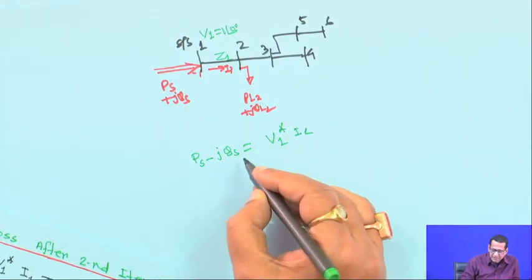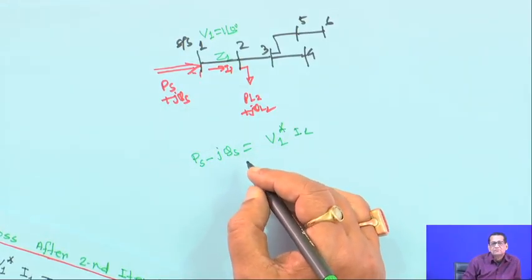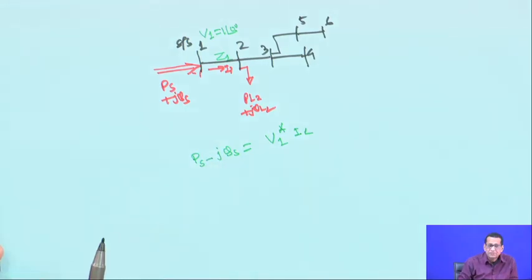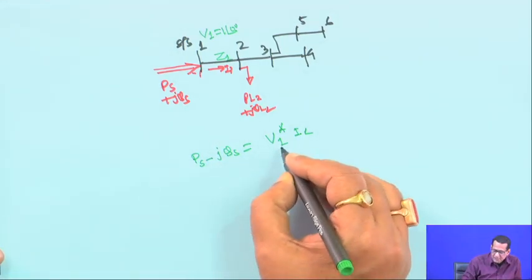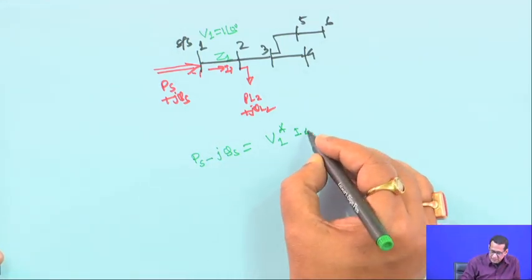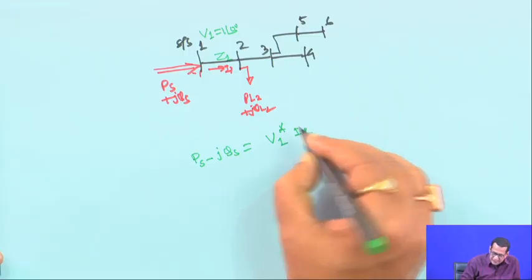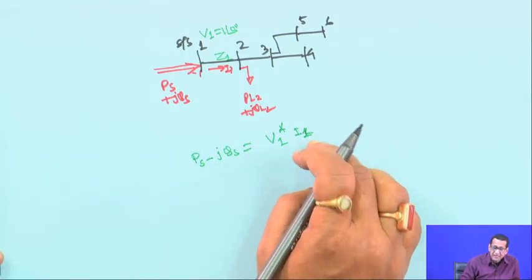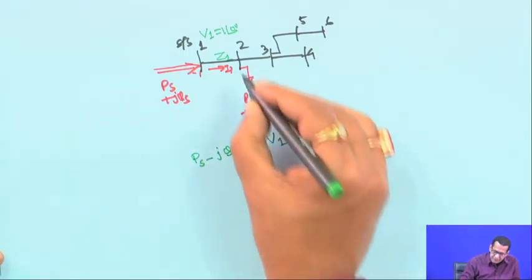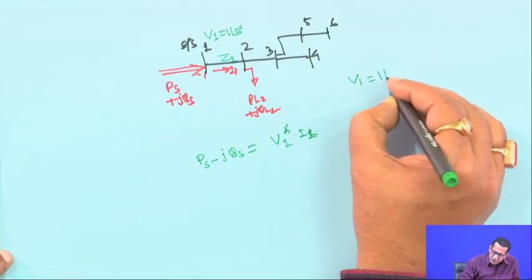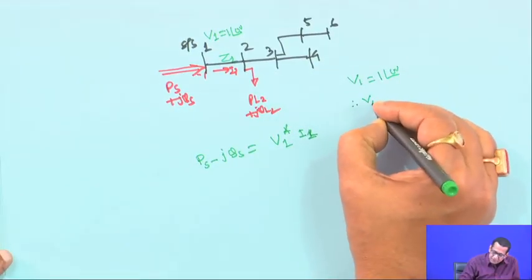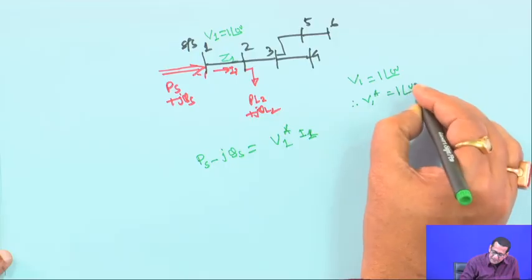The way you have studied in load flow, PL minus jQL is equal to V conjugate I. I1 is known to you, and V1 is 1 angle 0 degree, therefore V1 conjugate is also 1 angle 0 degree.